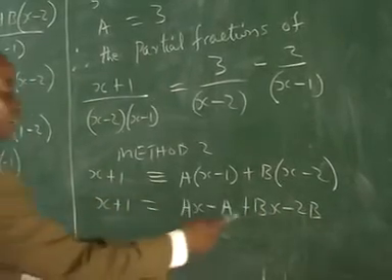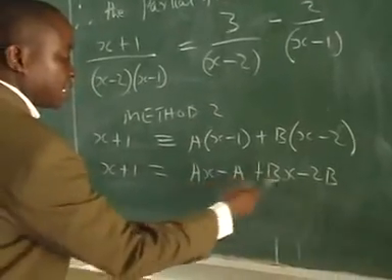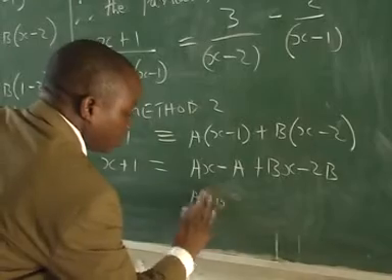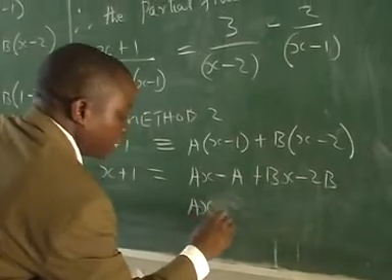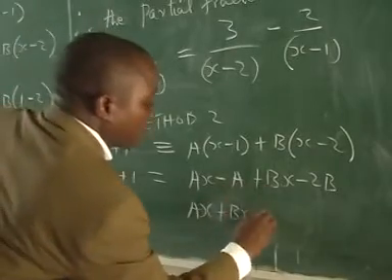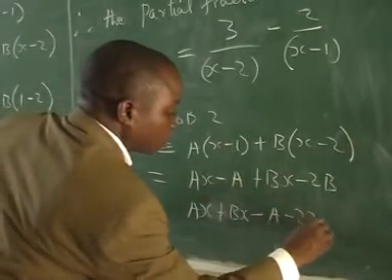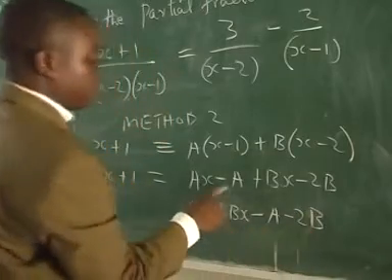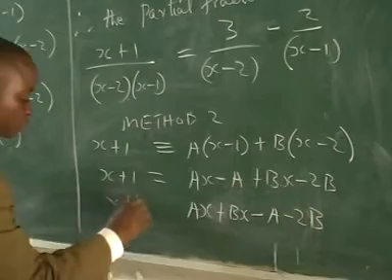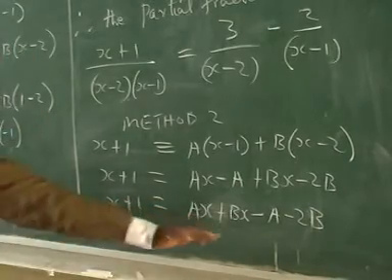Which means if I collect the terms that carry x, ax plus bx, and minus a minus 2b. Okay, x plus 1 is equal to this.